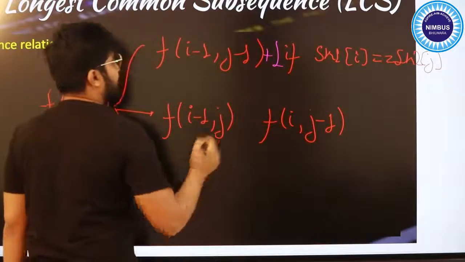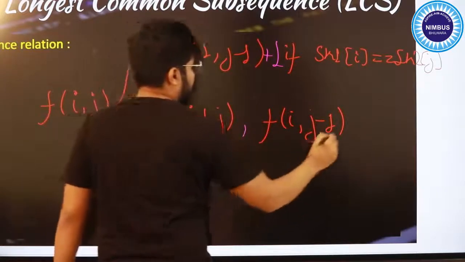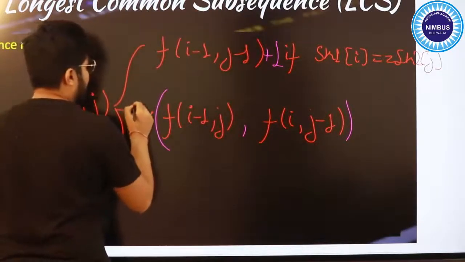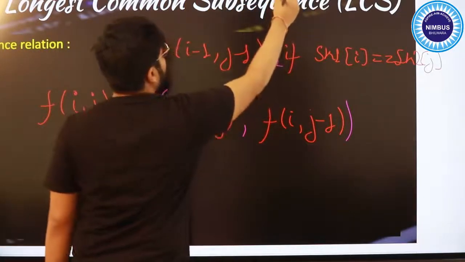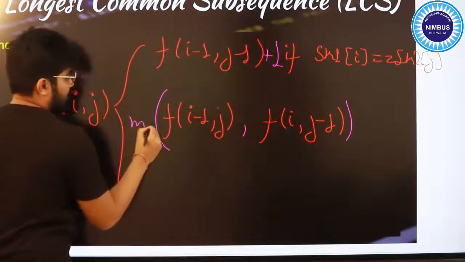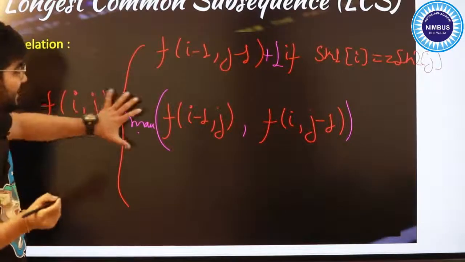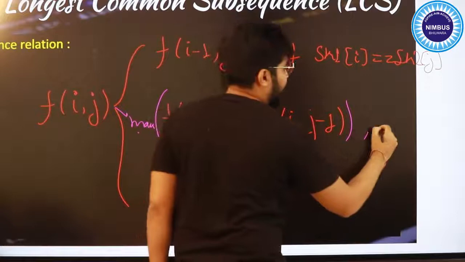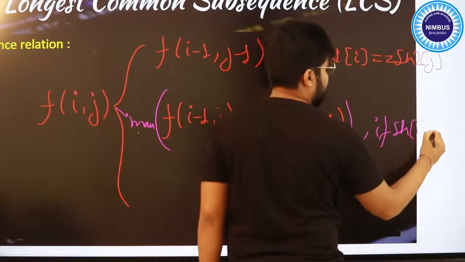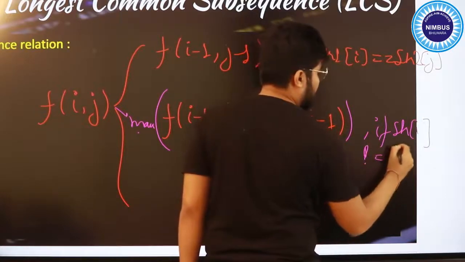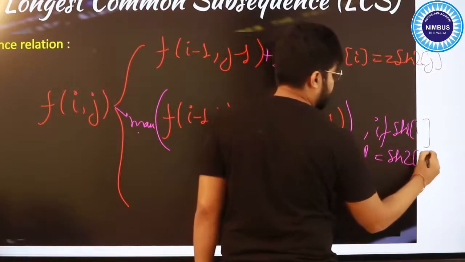Now we have to find max of this, so I'll just write these into one bracket and let's rub this and I will write max. ठीक है, अरे विजिबल होगा, छोटा सा देख लेना. ठीक है, तो ये अपने को करना है कब? जब ये दोनों इक्वल नहीं है. इफ स्ट्रिंग 1 ऑफ आई इज नॉट इक्वल टू स्ट्रिंग 2 ऑफ j.